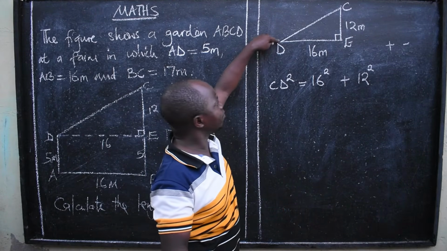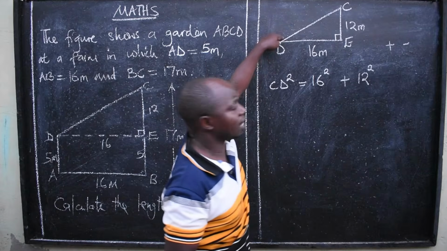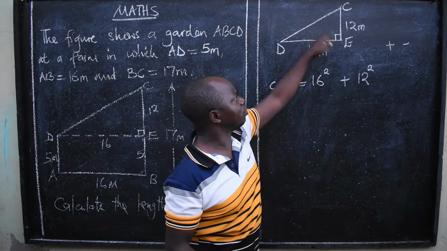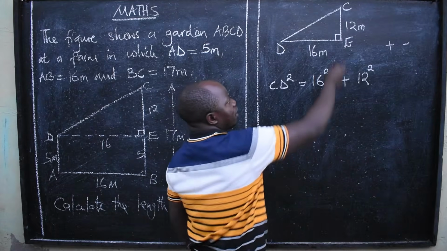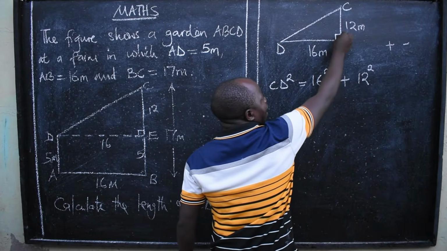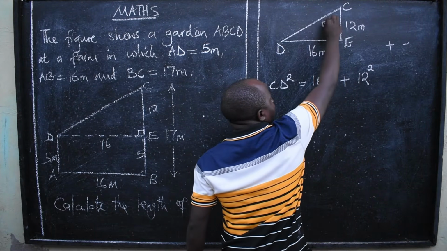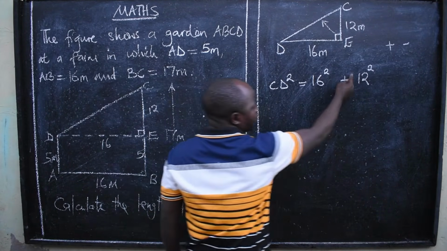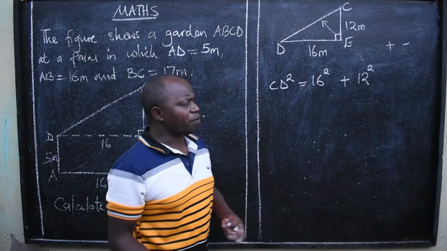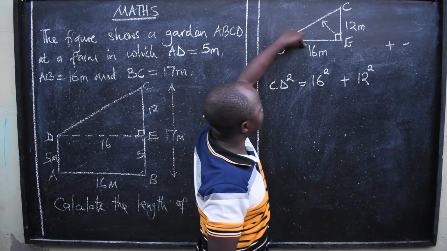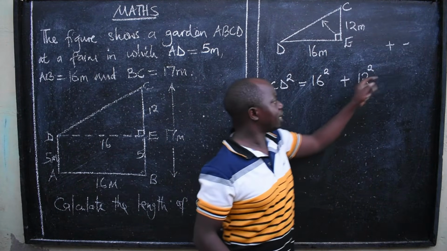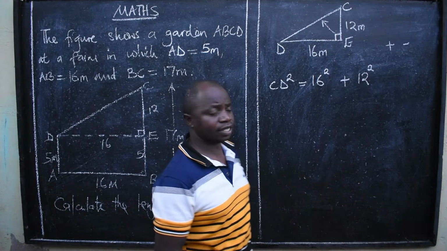How do you know the longest side? You follow where the 90-degree angle is. The side opposite it is always the longest. So you are going to add. If we were calculating for either this one or this one, we would have used a minus here. I hope this is clear.